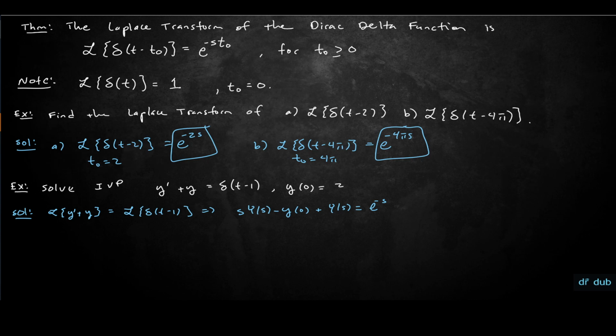Now that can be factored on the left. Y(s) comes out times (s + 1) equals e to the negative s plus 2, moving the 2 over to the right-hand side, since y(0) is 2. Now divide both sides by s plus 1, so we get Y(s) equals 1 over (s + 1) times e to the negative s, plus 2 over (s + 1).